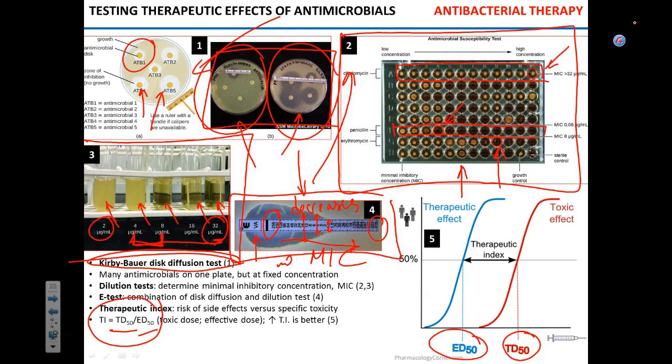10. Yes. Now, you have a second drug, median effective dose is 1 and median toxic dose is 100. Therapeutic index is 100. Which one's better? First, second. Second is better.